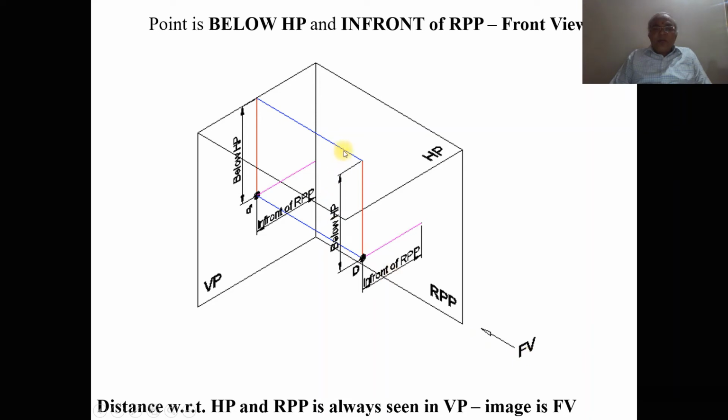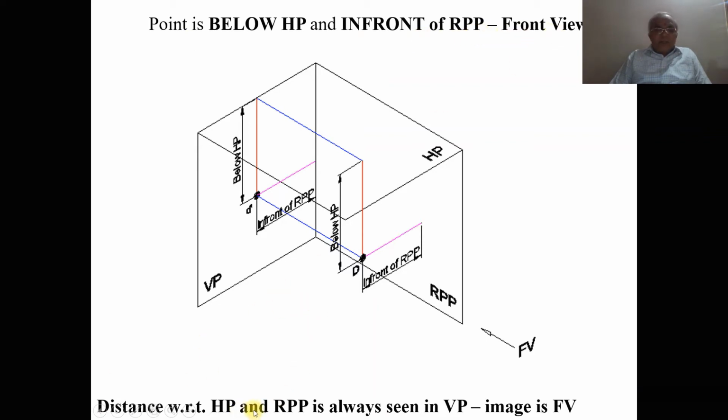When you look from the front view, I can see the distance below HP that is projected onto the vertical plane, so we get below HP here. Also, in front of RPP is this distance, and when it is projected, that line falls on the vertical plane here. So this distance is in front of RPP. Therefore, the point below HP and in front of RPP is seen in the front view.